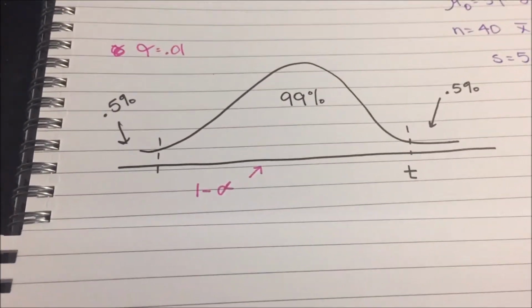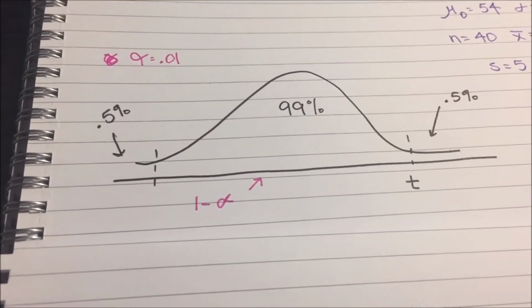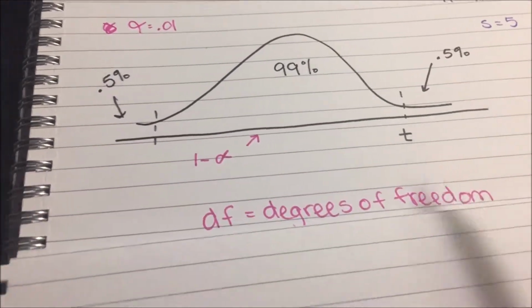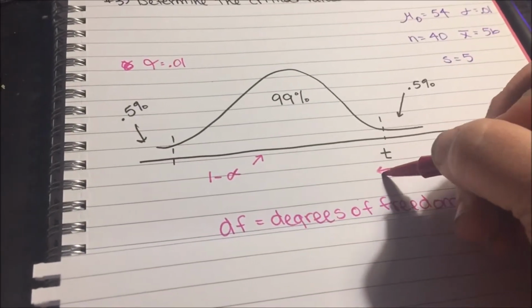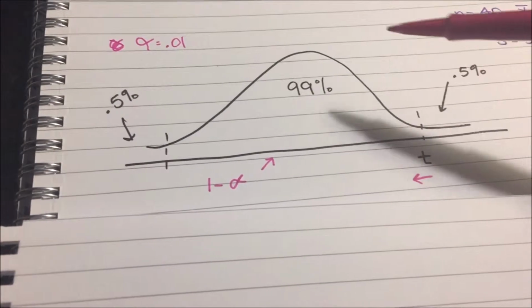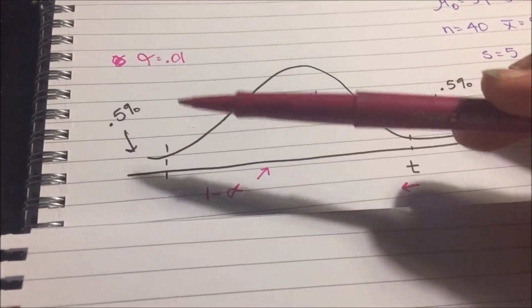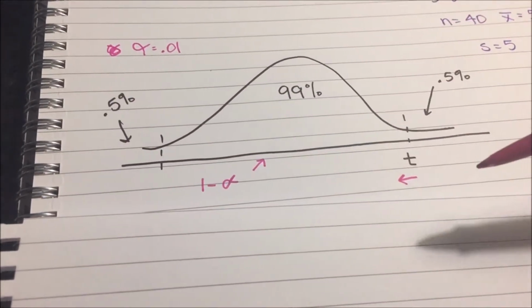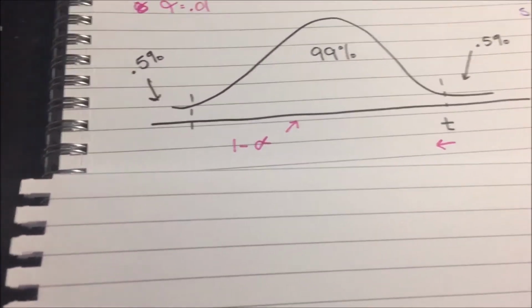What we need to know for the calculator input is how much is to the left of t. That's what we're concerned with. How much of this is left of t was 99.5%, right? So t is only 0.5% up here.